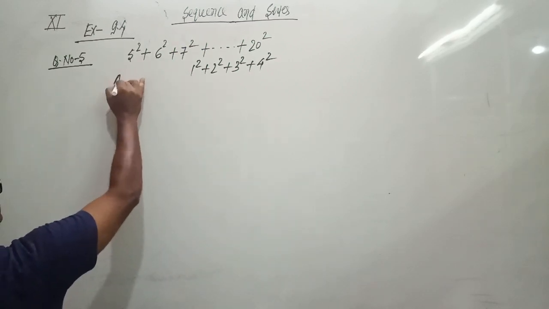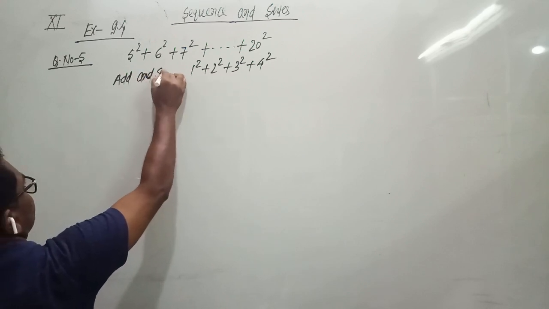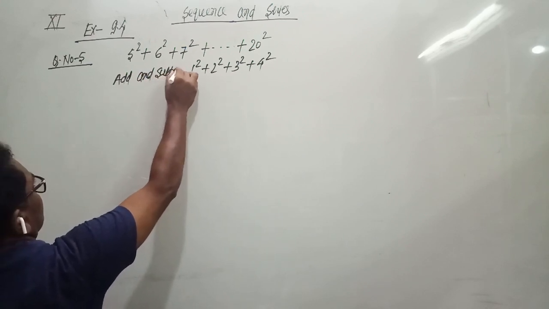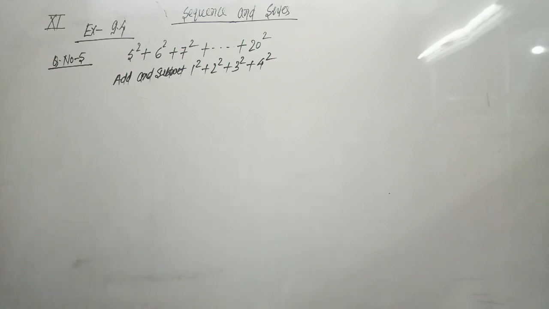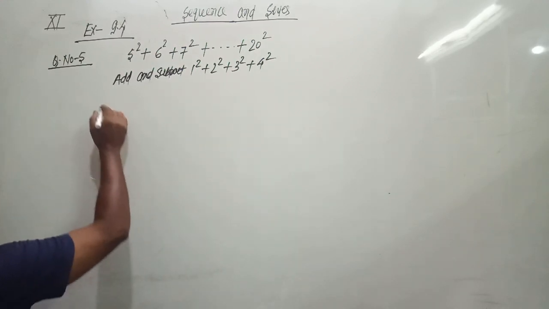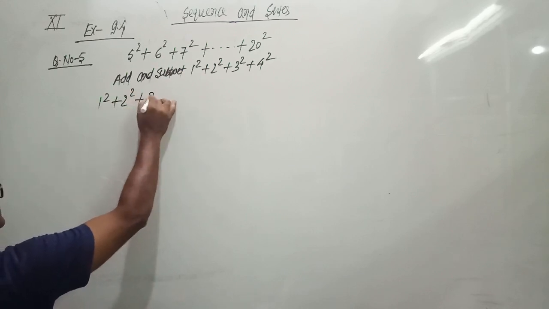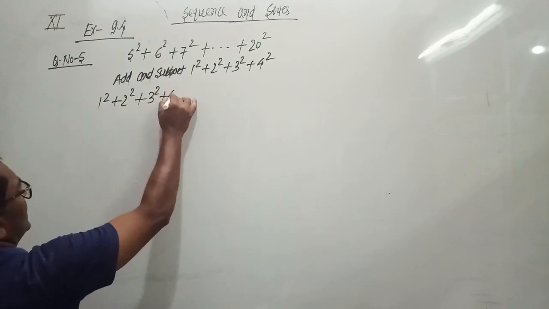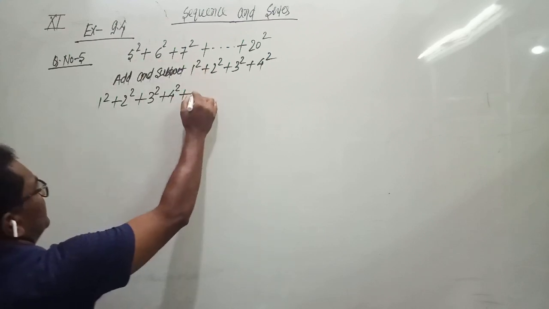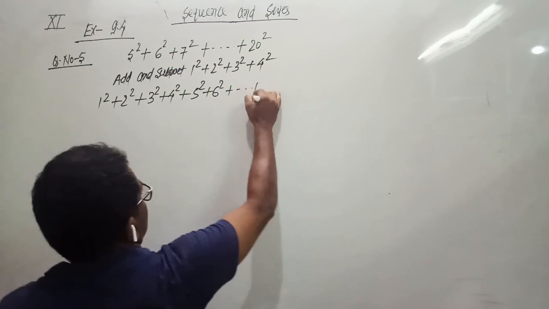So we add 1 square plus 2 square plus 3 square plus 4 square plus 5 square plus 6 square plus up to 20 square.